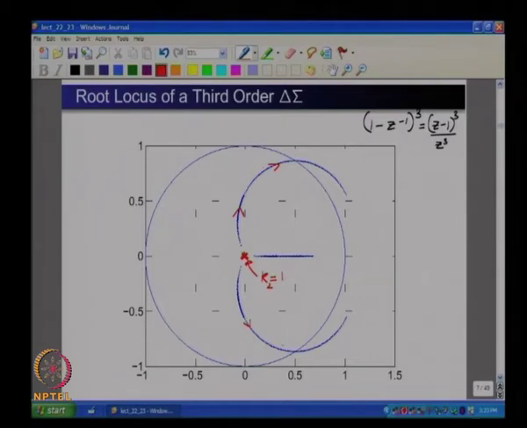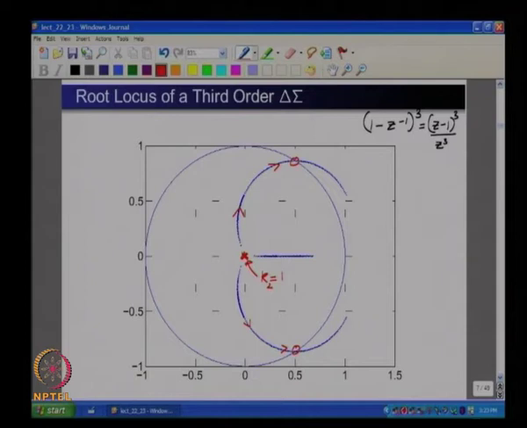As you can see, as k keeps falling, at some critical value of k they cross the unit circle, therefore causing the system to become unstable.